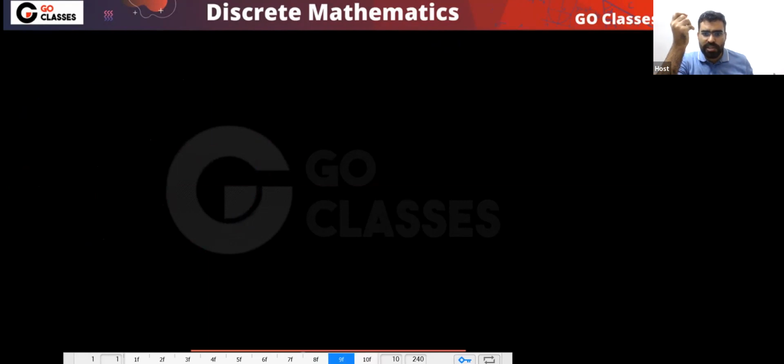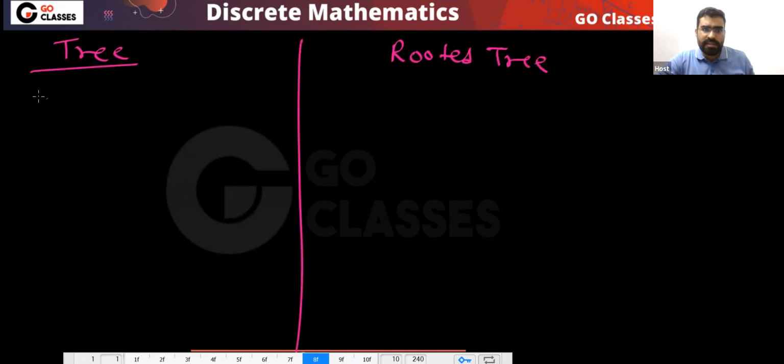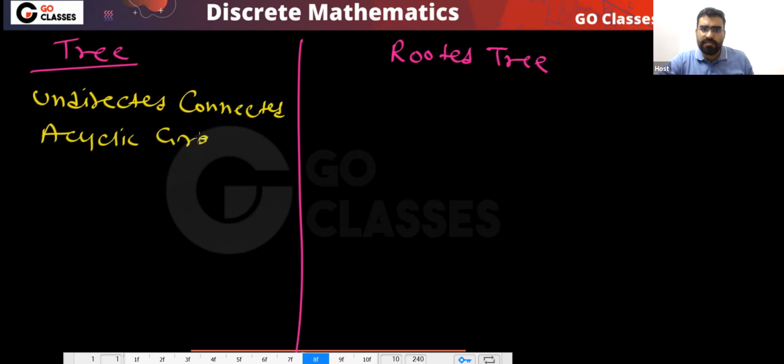What is the difference between a tree and a rooted tree? You already know this difference. A tree is an undirected, connected, acyclic graph.